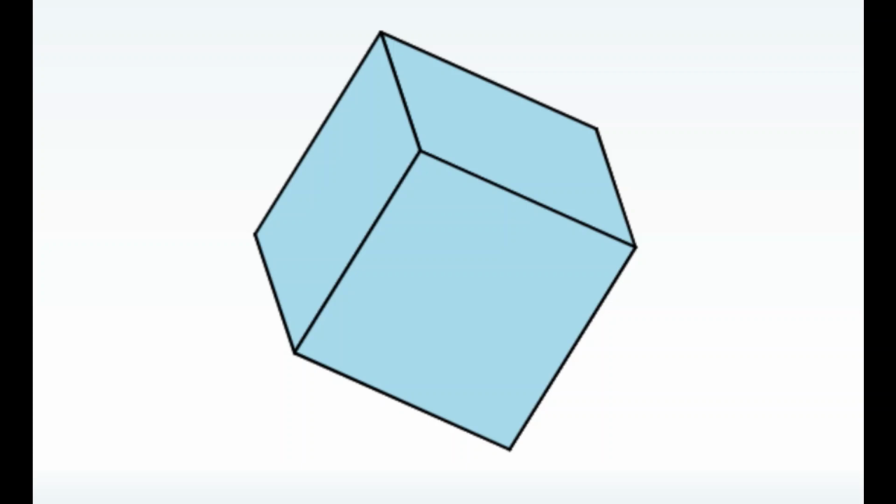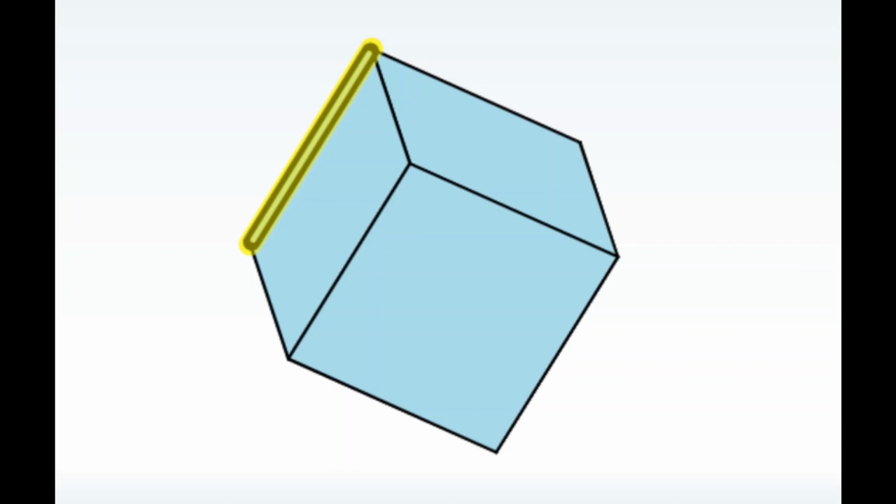Again, I'm going to highlight what they are so you can get a better visual of how many edges the cube has. Okay, so if I highlight this part here, you can see it's got one.